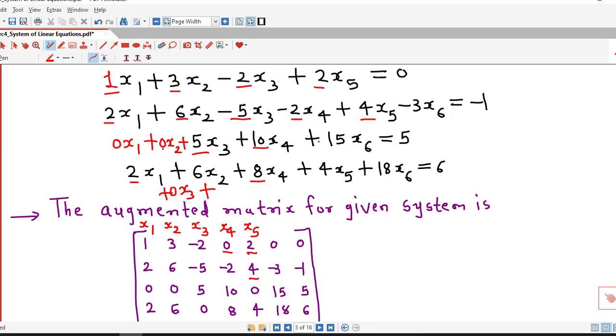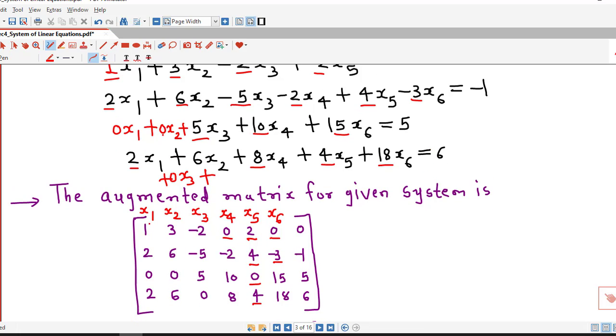There is no x5 in the third row, so we put 0. And here the coefficient of x5 is 4. For x6, there is no x6 in the first row, so we put 0. Here -3, here 15 and then 18. And the constants on the right hand side are 0, -1, 5 and 6.